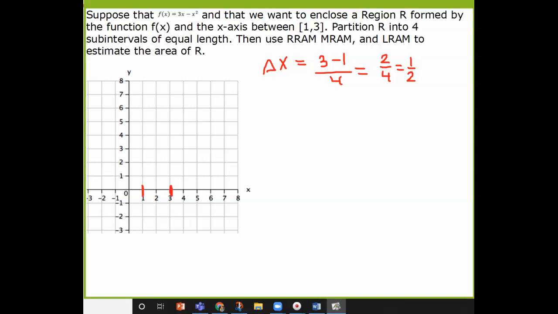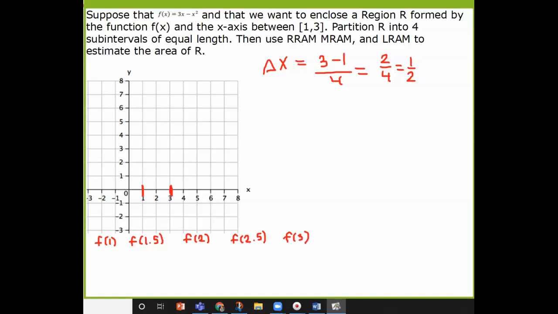So in order to use those points and essentially find my value, I need to know what is f of 1, f of 1.5, f of 2, f of 2.5, and f of 3. So finding each of those values would at least give me all my LRam and RRam values.